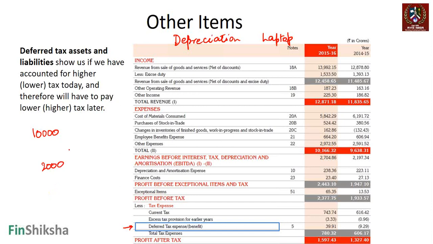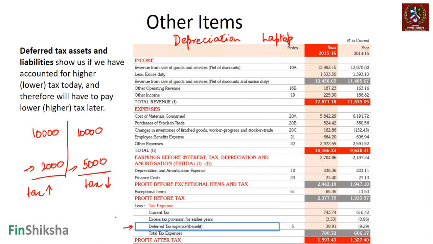The income tax department might say that that's incorrect. You need to put in a depreciation of 50% on electronic items. So there is a discrepancy. I am using a lower depreciation. They are using a higher depreciation. If I use a lower depreciation, my profit before tax will be higher and logically the tax I pay will be higher. The income tax department is actually saying you don't need to pay so much tax.